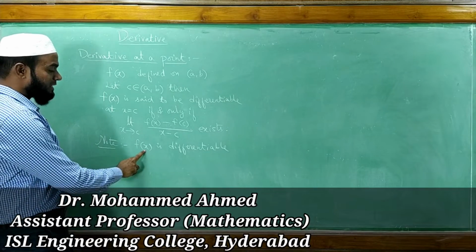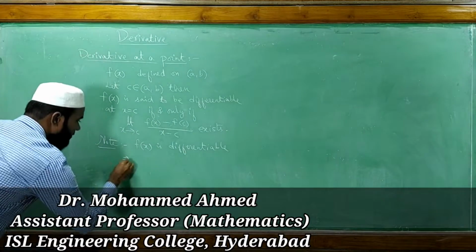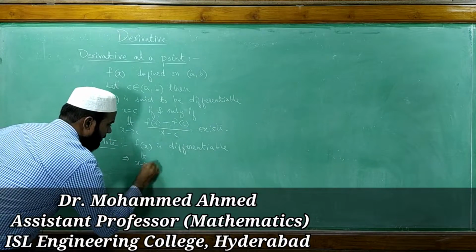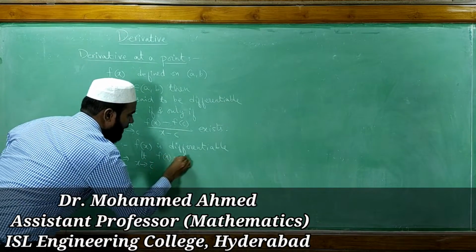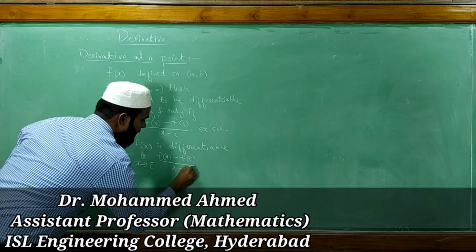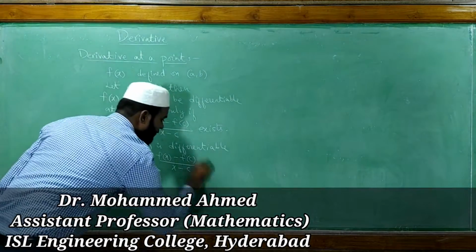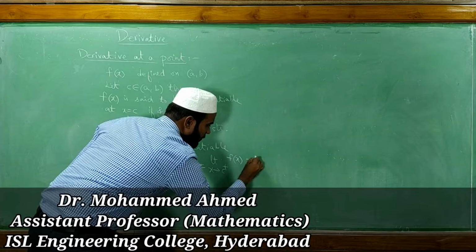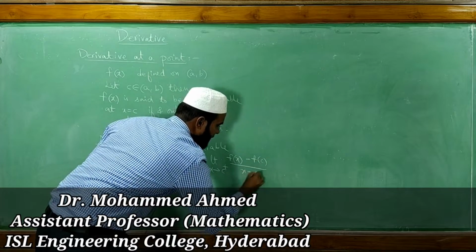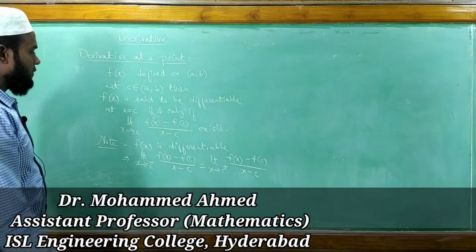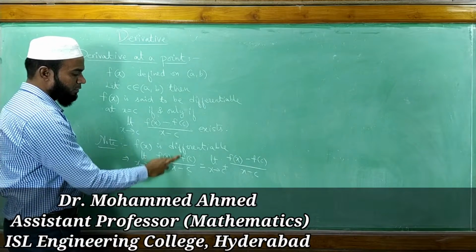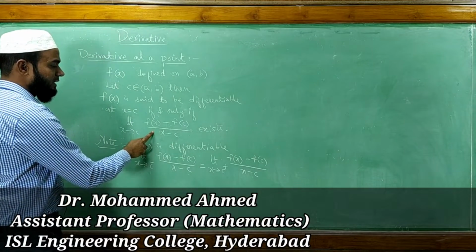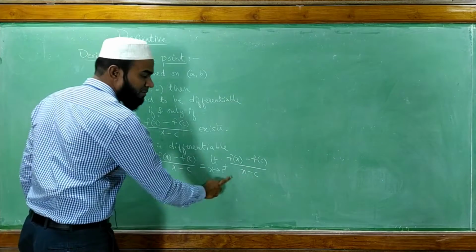The same thing here, because I am considering that f of x is differentiable, so this implies the left hand limit, limit x goes to c minus of f of x minus f of c by x minus c, and the right hand limit, limit x goes to c plus of f of x minus f of c by x minus c, will be equal, because differentiable means this limit should exist, which means left hand limit and right hand limit should be equal.